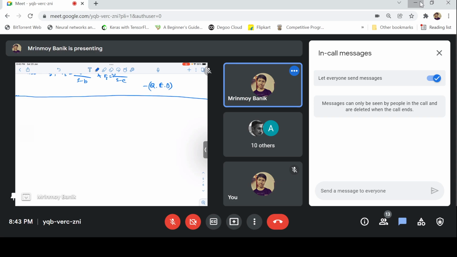This is r1. This is r3. So now we have to find new expressions for these ri's.